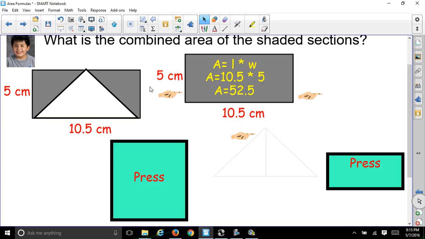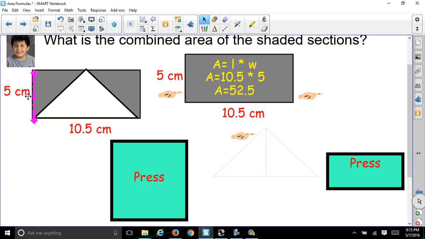So let's find the area of the triangle. Now, the triangle, I notice I have a base, but I don't have an altitude dropping down. So let me get a line tool and show you that you really do have a height. This distance here, if I were to slide it, it would be the same distance right there. So I would have a height, which is the same as the side of the rectangle, and that would be 5 centimeters.